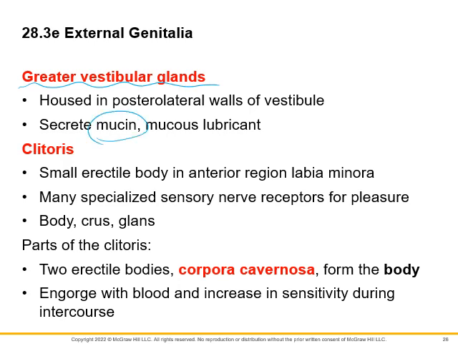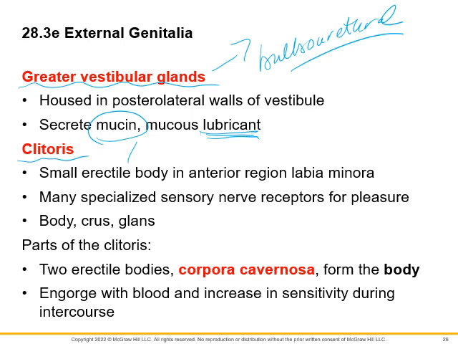These are going to secrete a mucus, kind of like a lubricant for the entryway of the vagina. A lot of people will talk about these being homologous to the bulbourethral glands. Right, bulbourethral glands not only clean out the urine in the urethra, but they lubricate the glans penis for intercourse. So greater vestibular glands also serving that purpose.